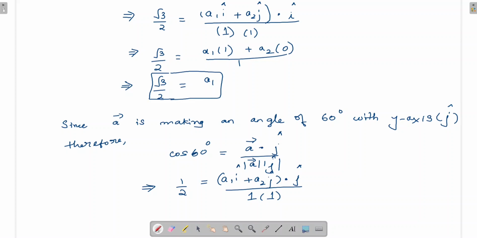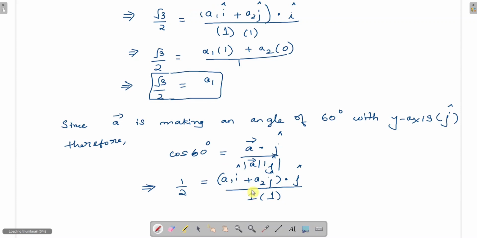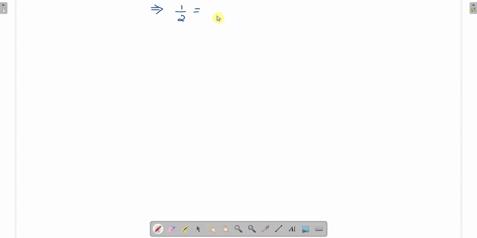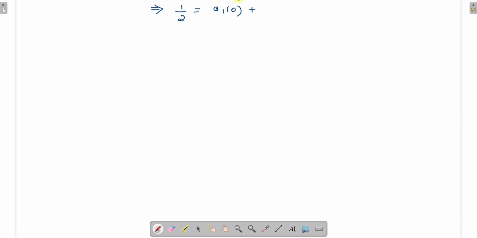So we get half equal to a1 times 0 plus a2 times 1, divided by 1 into 1, that is 1.